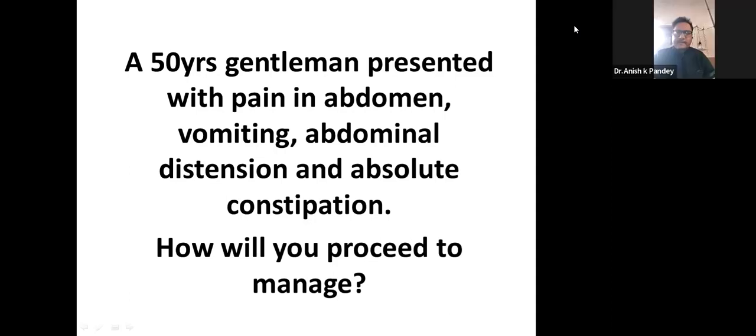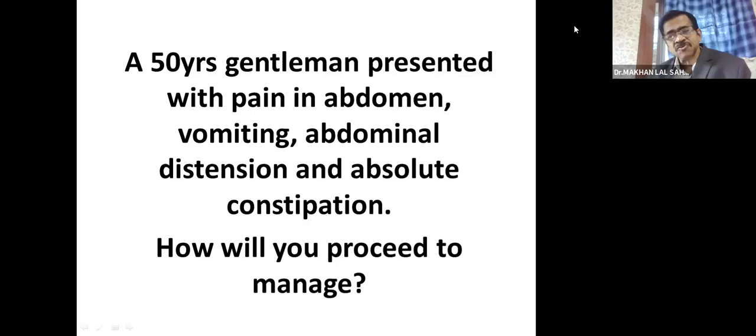Some intra-abdominal conditions may be managed by laparoscopy. But the surgeon should be experienced, because the gut is distended. There is every possibility that it can injure the gut while doing this diagnostic laparoscopy. There is a role. It's not that laparoscopy is contraindicated in acute bowel obstruction.